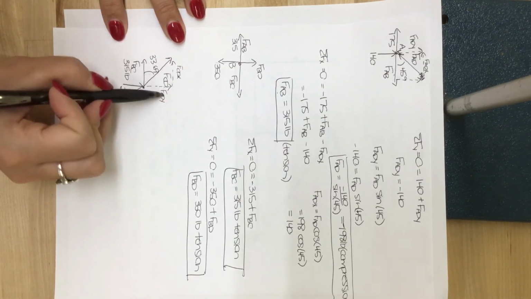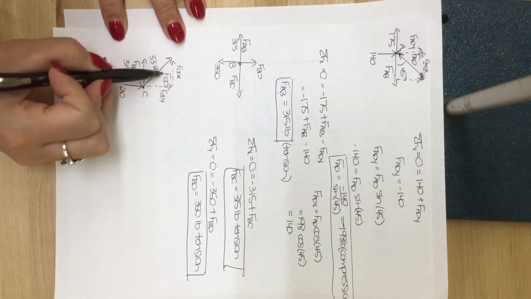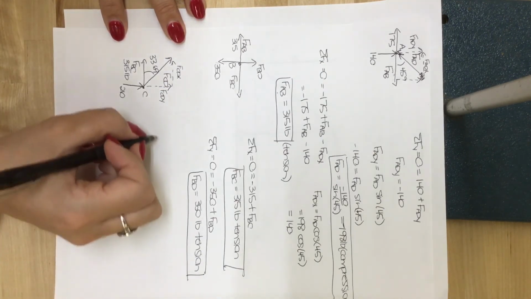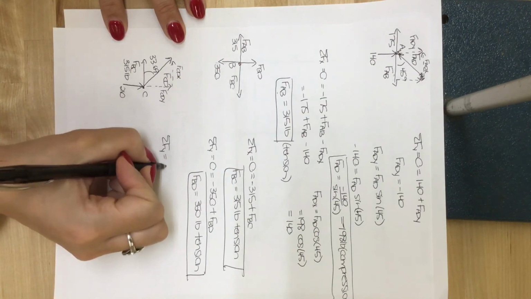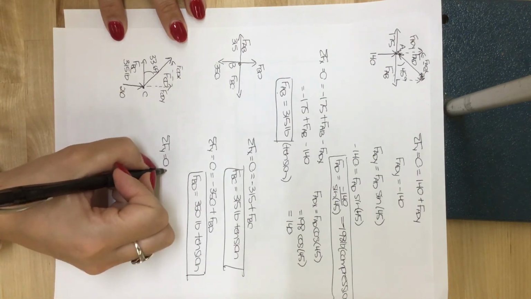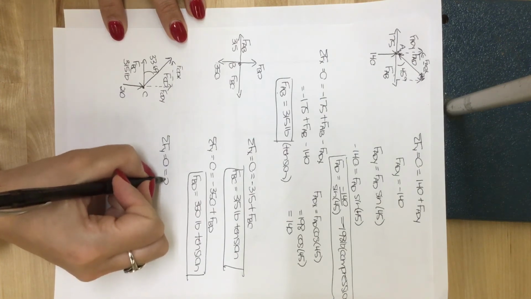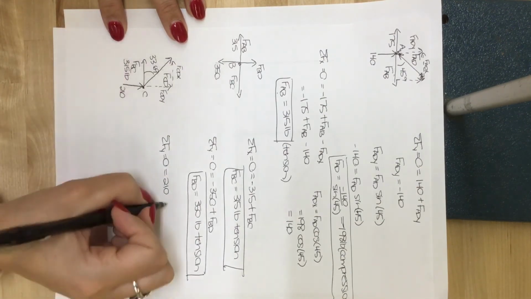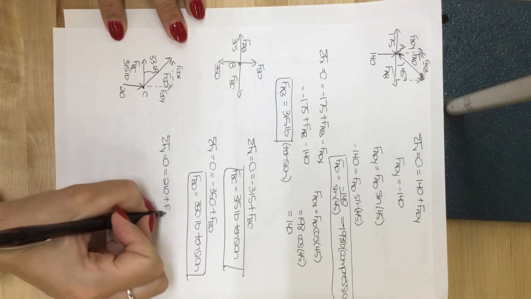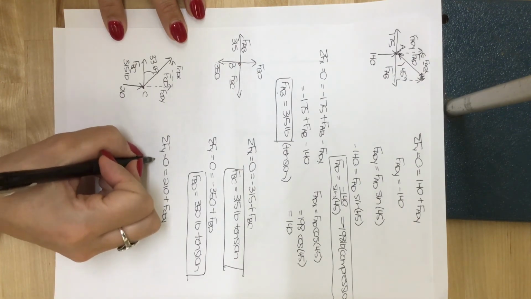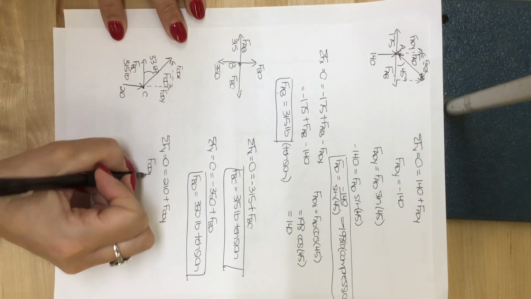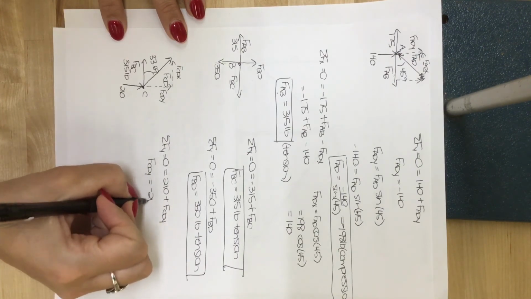We're just using them as a tool to find that magnitude of FCD. So I'm going to set up a sum of forces in the y direction equation. And when I initially set it up, I'm going to have 210 pounds in the positive direction because it's pointing up, plus FCDY. If I rearrange this, we know that FCDY has to equal negative 210 pounds.